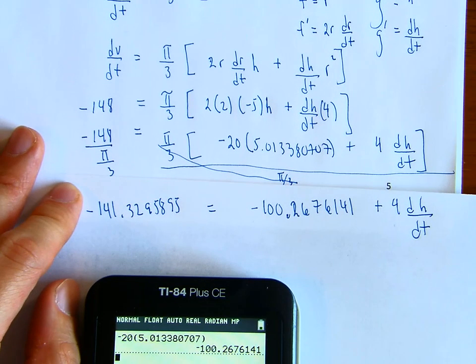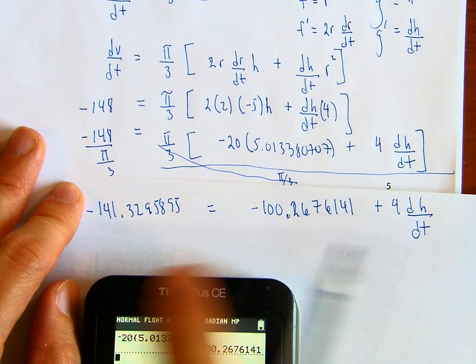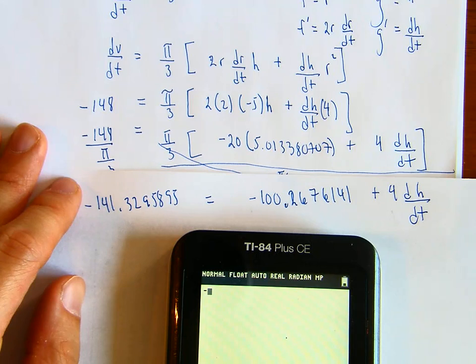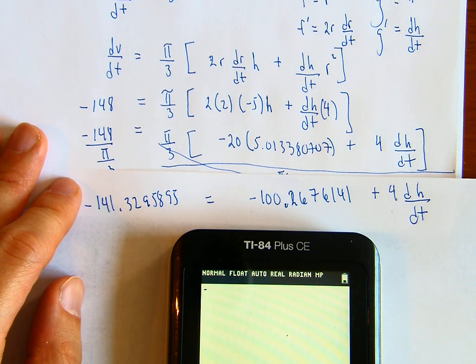And we're almost done. Now what do we have to do? Let's add this 100 over here. So we're going to do negative 141.329595895, oh no, not divided by, plus 100.2676141. Oh boy, it's a lot of work on the calculator.